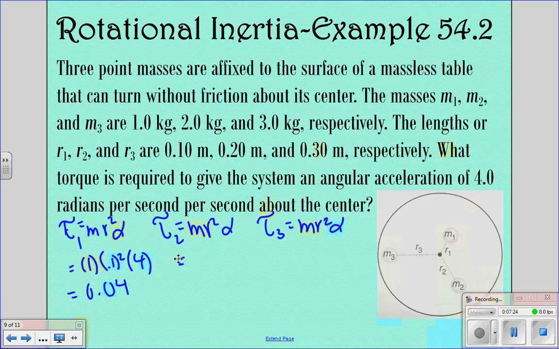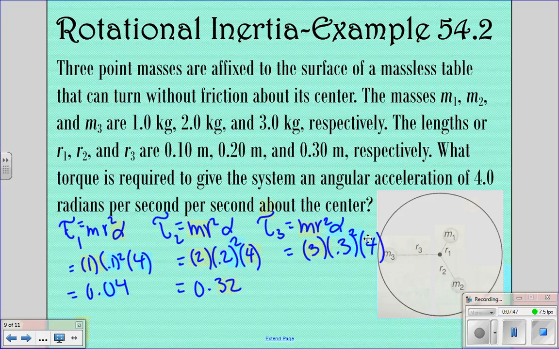For the second one, the mass is 2, the radius is 0.2, and again the angular acceleration is 4. If you multiply those out, 0.32. And then the last one, the mass is 3, the radius is 0.3. I forgot a squared over here. I'm sorry. And then your angular acceleration is 4. If you multiply those out, you'll get 1.08.